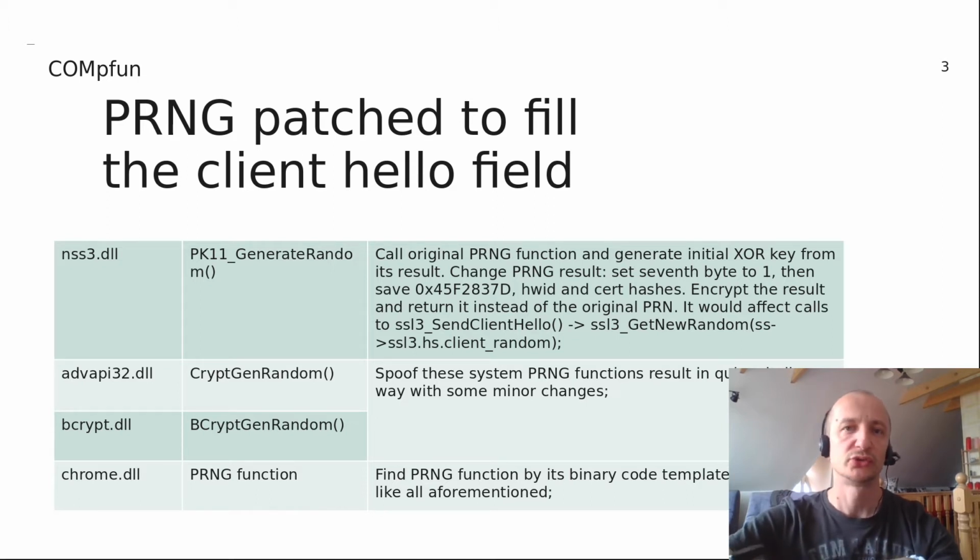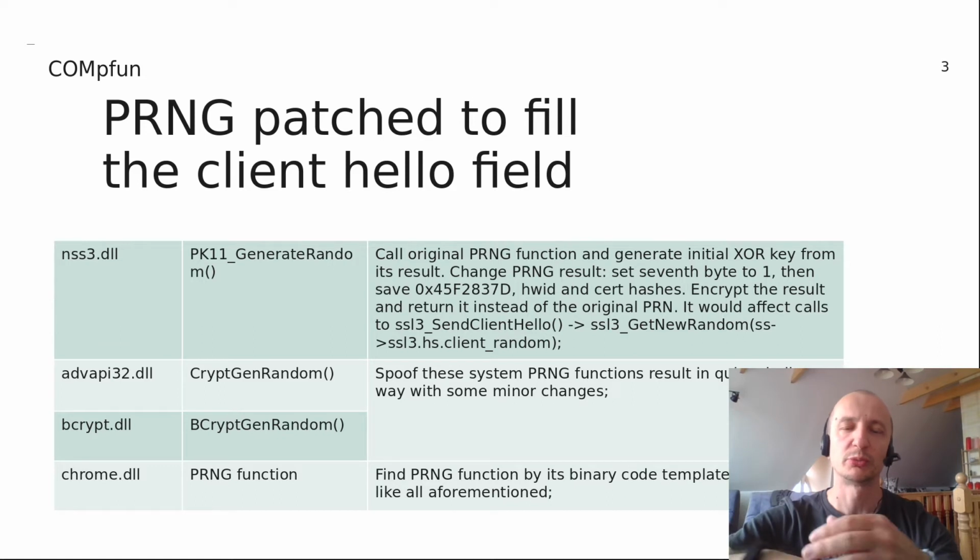How? They don't even touch the traffic, no NDIS drivers. They just patch the process virtual address space, they patch the function which generates pseudo-random numbers. Let us call it PRNG, pseudo-random number generators. If we are speaking about the Firefox web browser, this function comes with the NSS library.